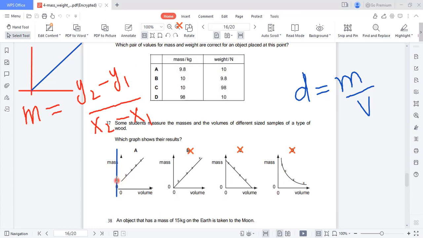It starts from a particular mass and particular volume and then increases. But this straight graph means the ratio remains the same. So that's why we are going to consider this option, which is an acceptable option.